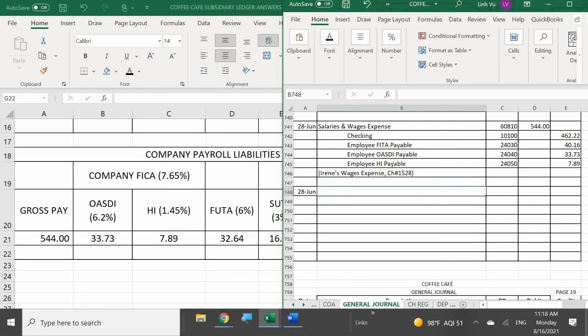Would that be a payroll liability? All of these items right here, yes, are payroll liabilities. But the very first account that we're going to take a look at is not a liability. Accounts payable? No. Can you repeat the question? What is the company's responsibility to pay for having Irene as an employee?